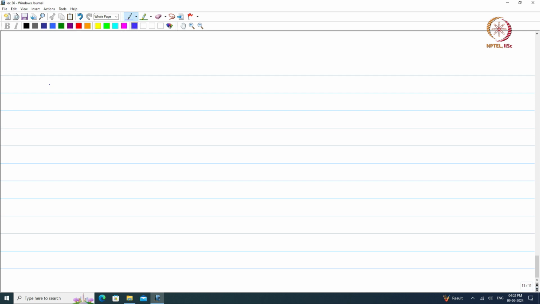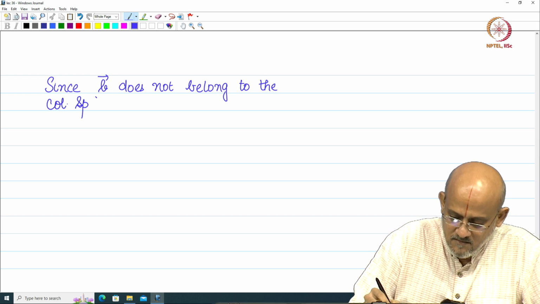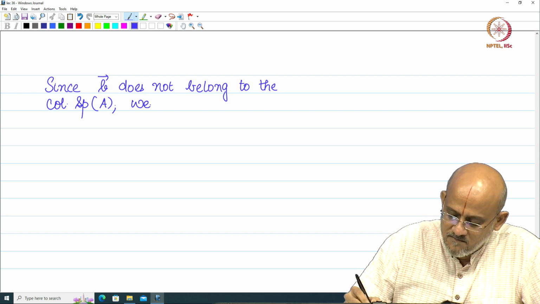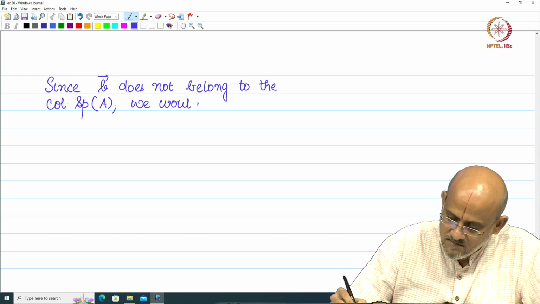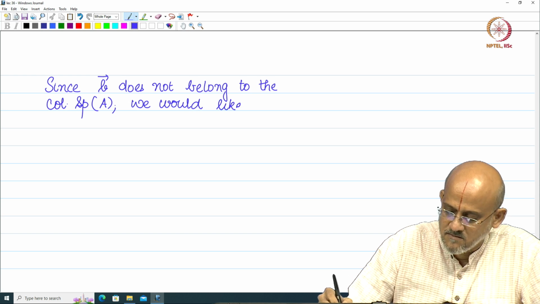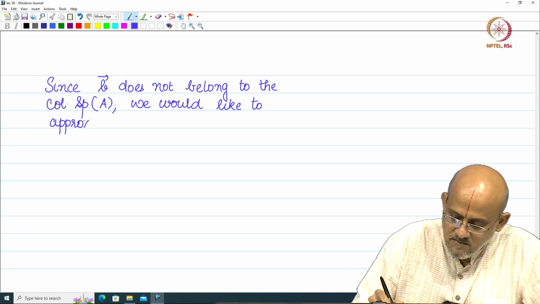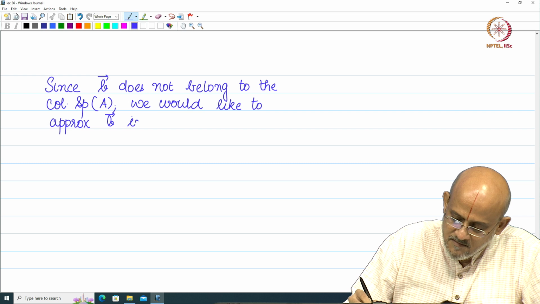Since B does not belong to the column space of A, we would like to approximate B in the column space of A.